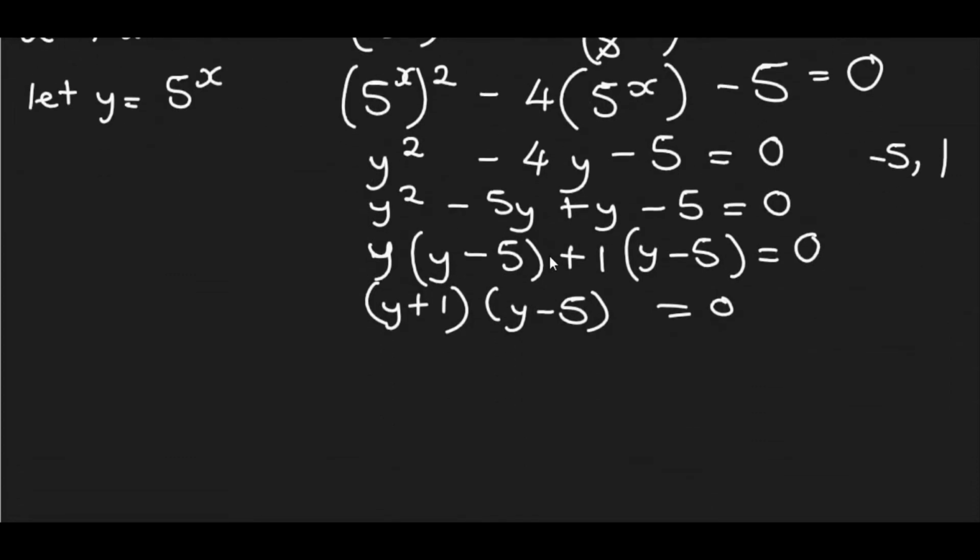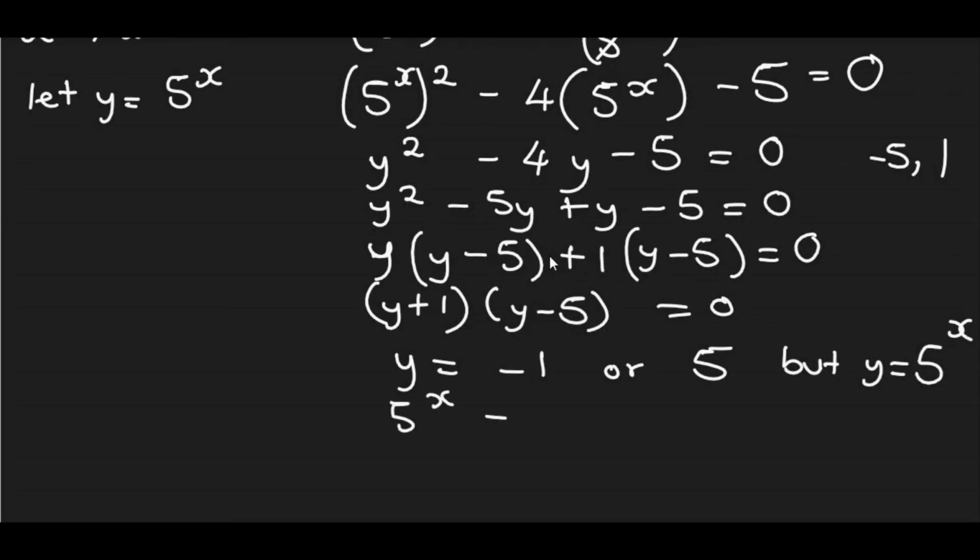So we have y now. y is equal to minus 1 or 5. But we know that y is equal to 5 to the x. So 5 to the x is equal to minus 1 or 5.